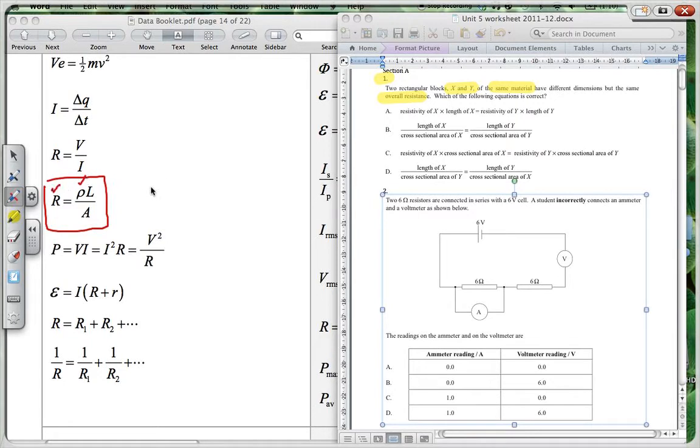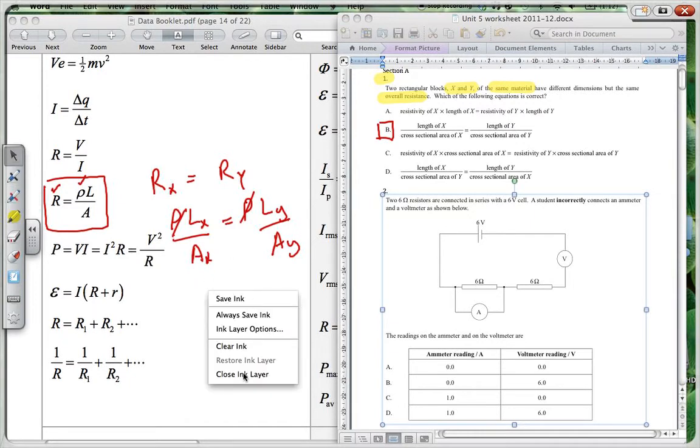So if I put these together then, because R of X is equal to R of Y, I can say rho L of X over area of X must equal rho L of Y over area of Y. And so these two will cancel, these are the same, so I can see that B would be my correct answer there, that the length over the area is equal to the length over the area.